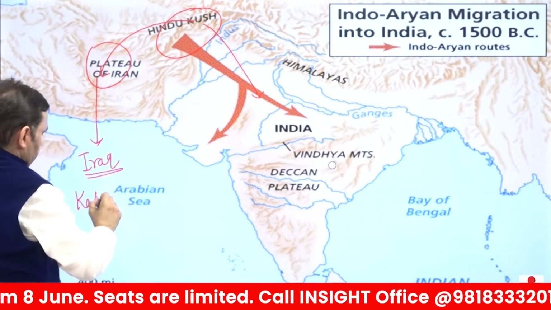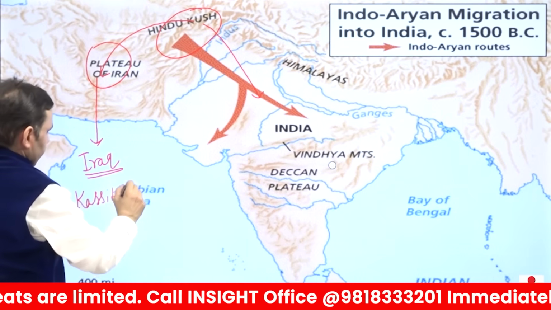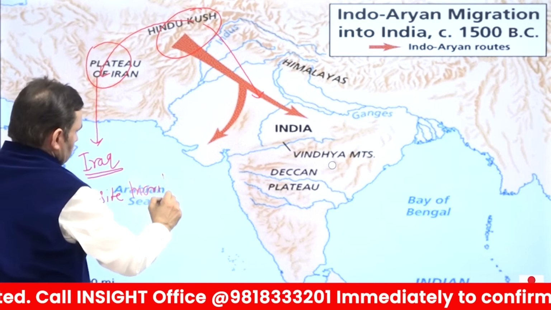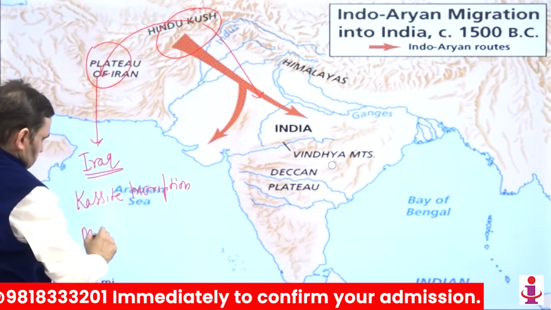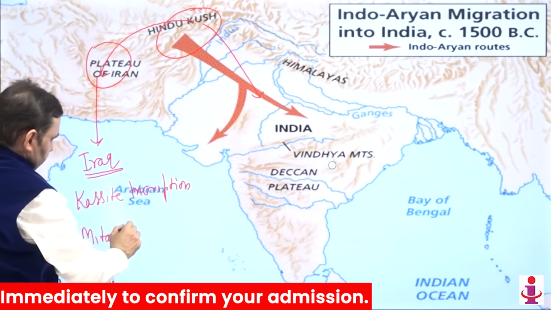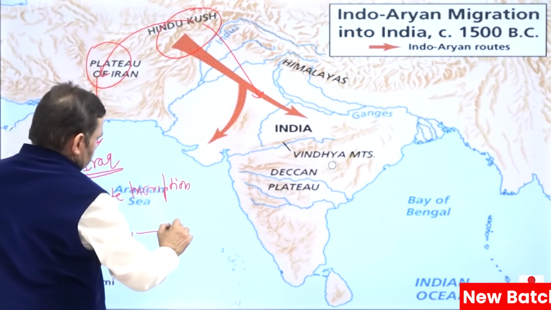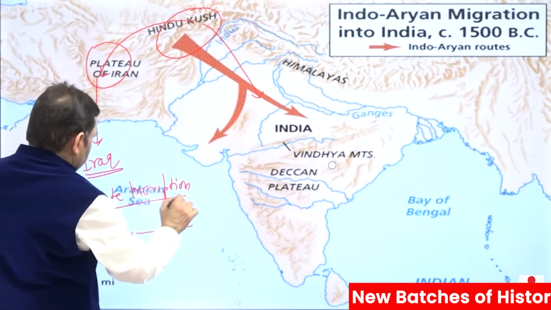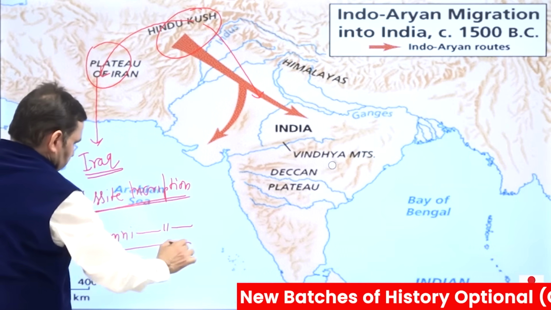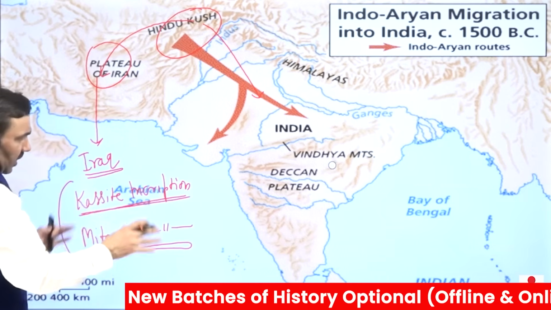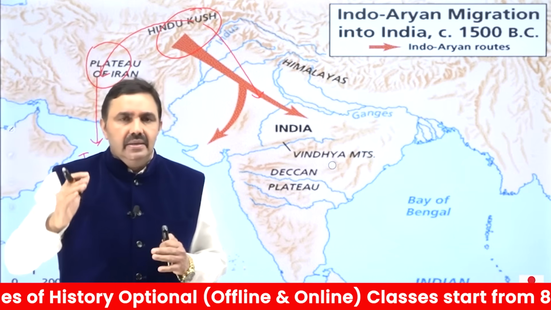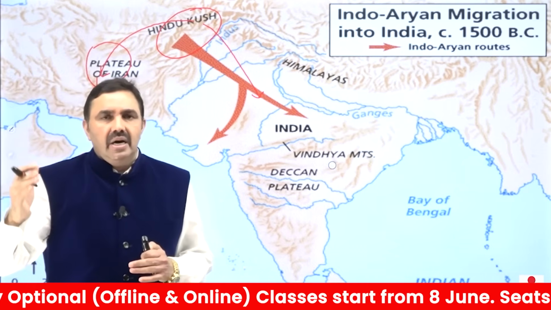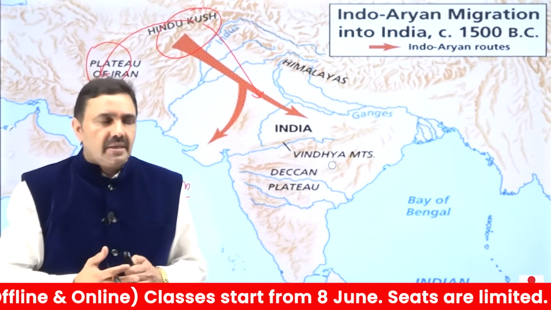Kassite inscription, Mitanni inscription. Kassite inscription is of around 1600 BC. Mitanni inscription is of around 1400 BC. Of the same period, we are talking about Vedic age, and some of the Aryan tribes, some of the Aryan groups are mentioned in these inscriptions.